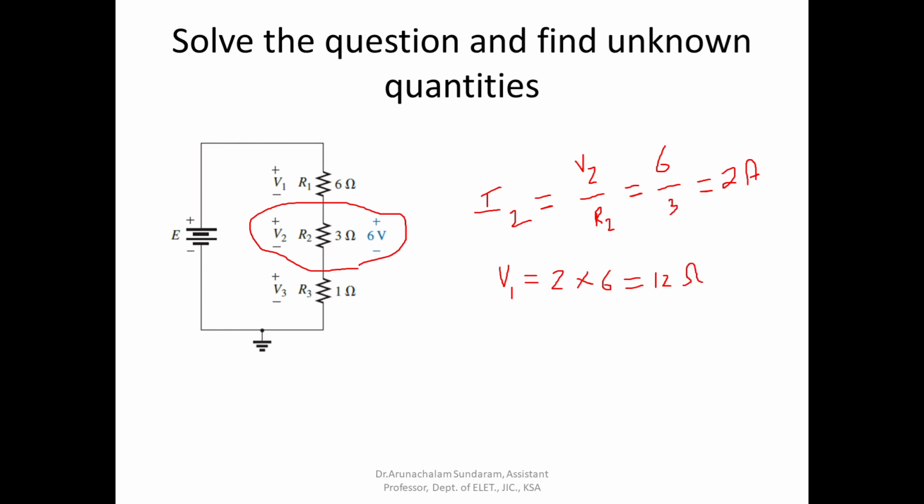How to find V3? According to Ohm's law, V3 is equal to current multiplied by resistance. So it is 2 volts. It is not ohms, but volts. And V1 is 12 volts. So what do you understand? You can solve the question in any number of ways.